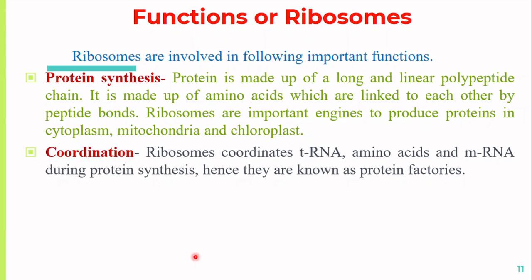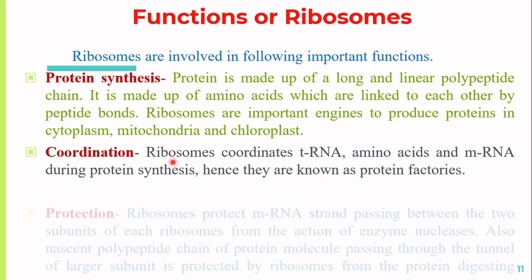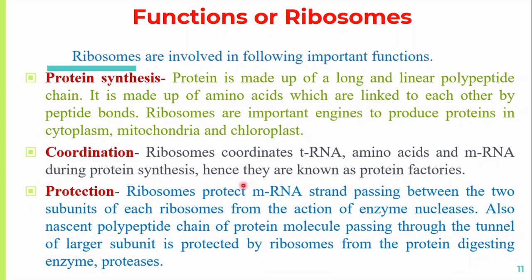And as they coordinate all these components required for protein synthesis, they play a very important role of coordination. Now the last function of ribosomes is protection. Ribosomes play a very important function of protection of both RNA as well as the newly synthesized protein molecule.